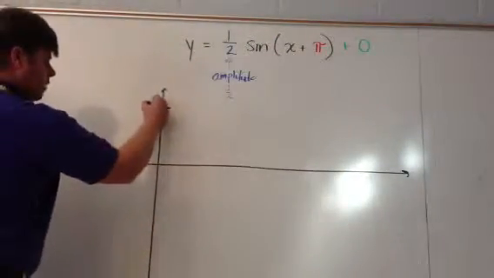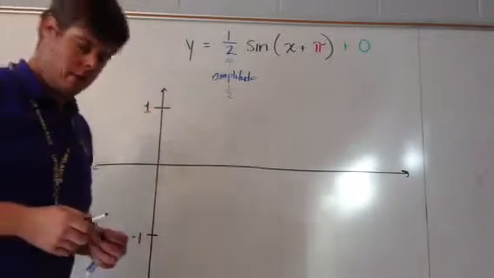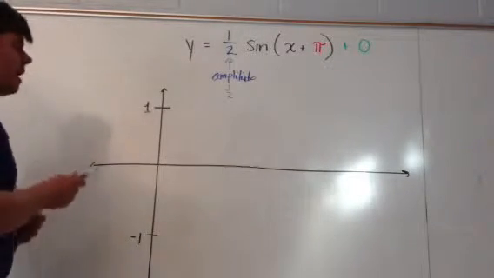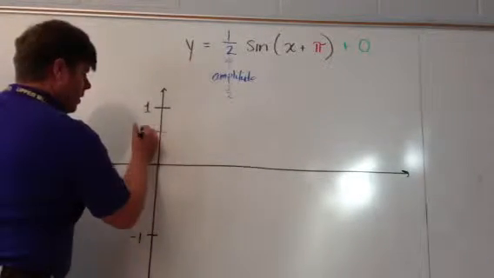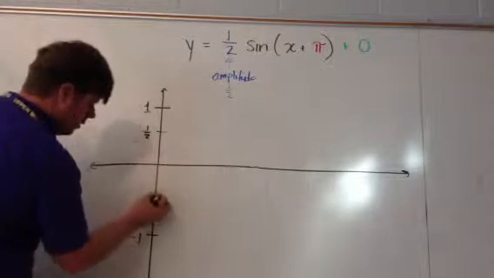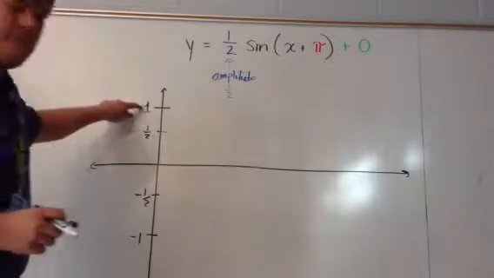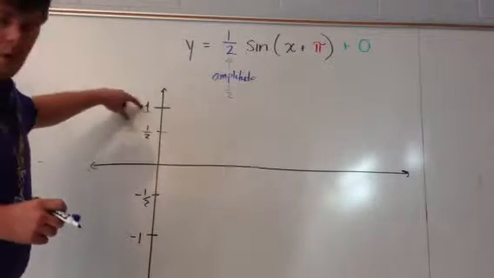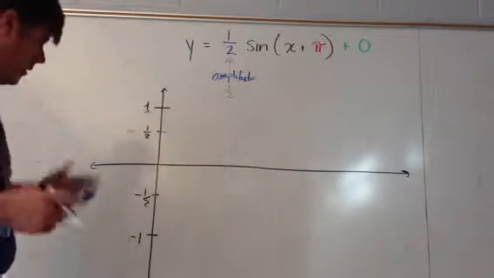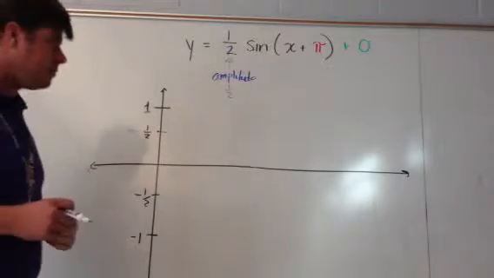So if this is 1 and this is -1, which is the original range of my sine curve, my new range goes from positive 1/2 to -1/2. And that's because I multiplied these values, which originally are 1, by 1/2, and 1 times 1/2 is 1/2. So that's why my new values range from 1/2 to -1/2.